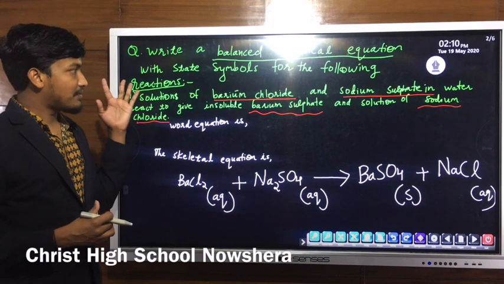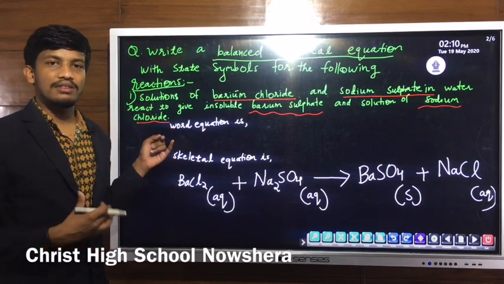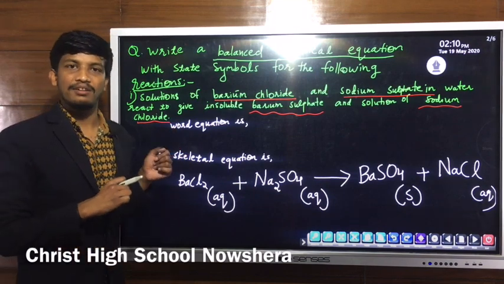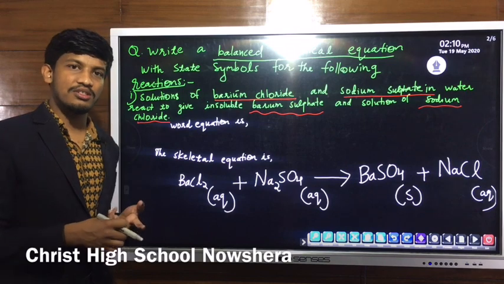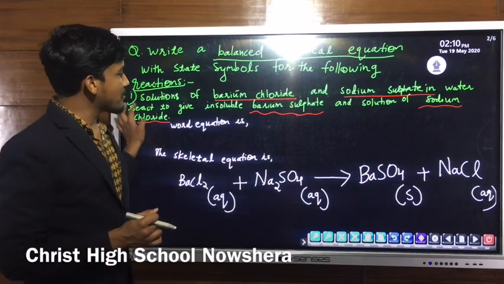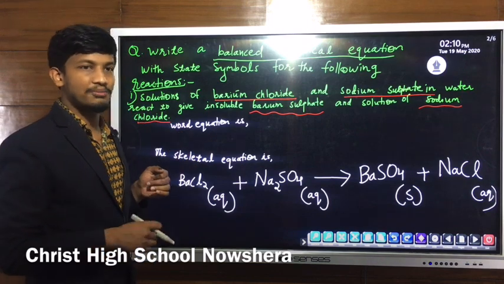That means first of all we have to know the reactants and products, then find their chemical formula, and write the unbalanced equation or skeletal equation. Then we have to balance the unbalanced equation. So first of all, read the statement carefully and identify which are the reactants and products.